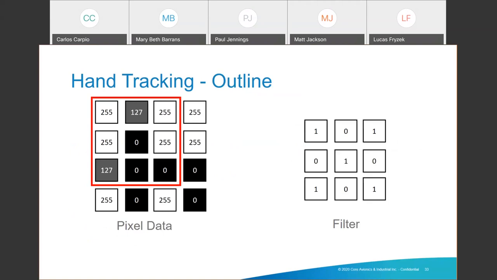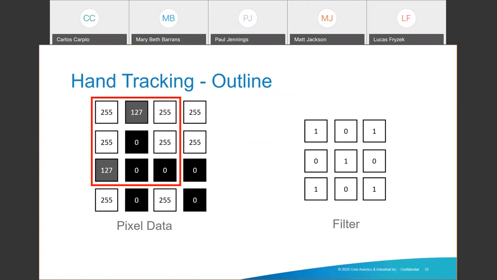To perform a convolution, we need some pixel data and a filter to apply against that pixel data. In this case, we have a filter on the right here, and the numbers in it are specially chosen to implement the standard deviation filter. We're not going to be worried about how those numbers were chosen right now. You just need to know that it's been proven in the past that this implements the standard deviation filter if you apply it using a convolution.